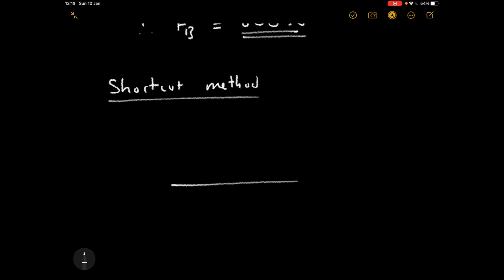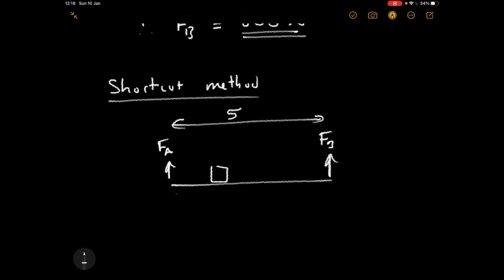So in this method, we've got force A, we've got force B, a total distance of 5, but our box has gone 1.5 meters.